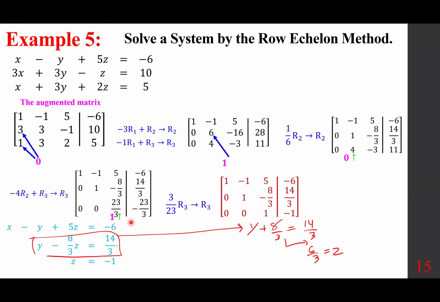So we have z equals -1, y equals 2, and over here x minus y, which, let me use a different color.